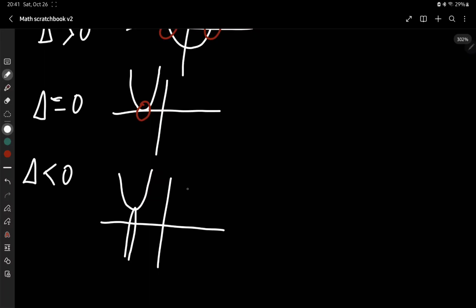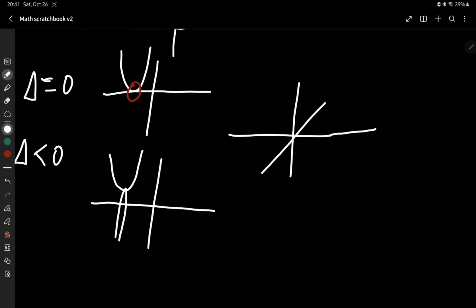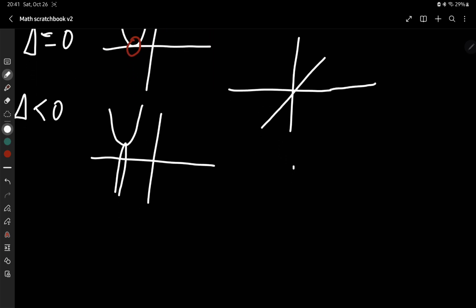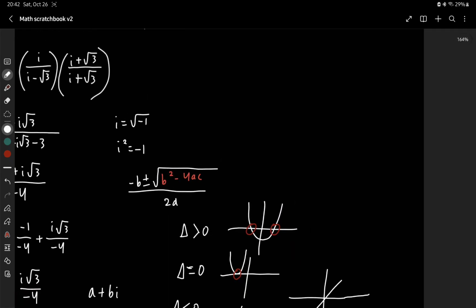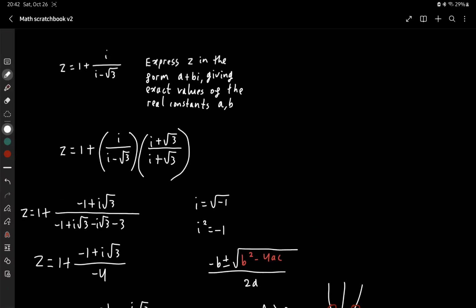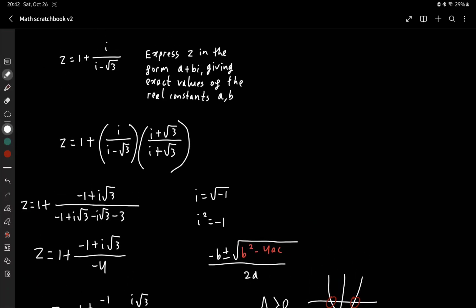So again, this would be real space, and then imaginary space would add a third axis, just like if we were thinking on number lines, we have the x-axis as the real and the y-axis as the imaginary. So yep, that's pretty much it for the basics of complex numbers. See you later.